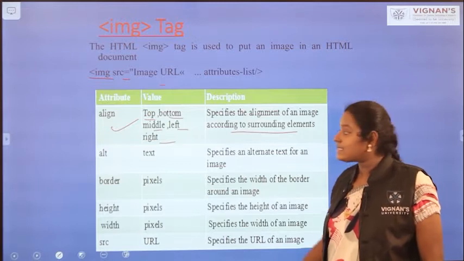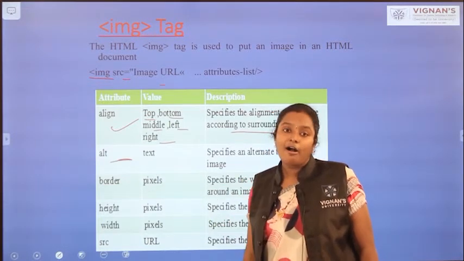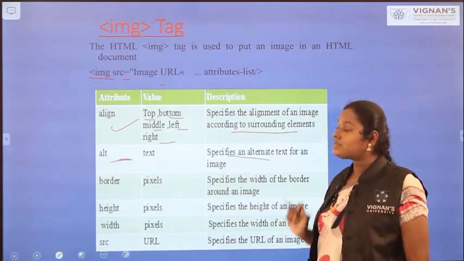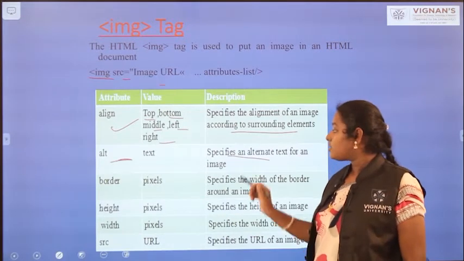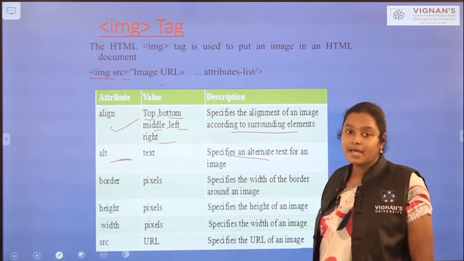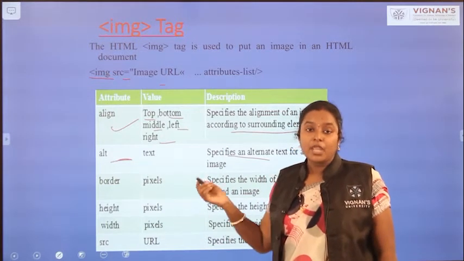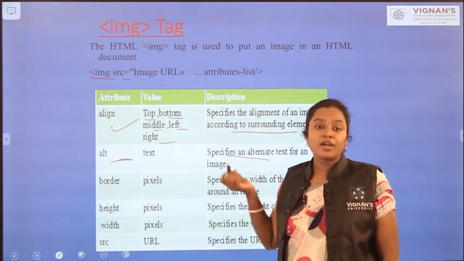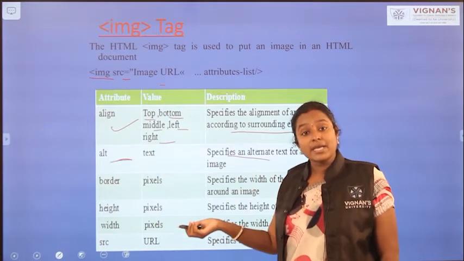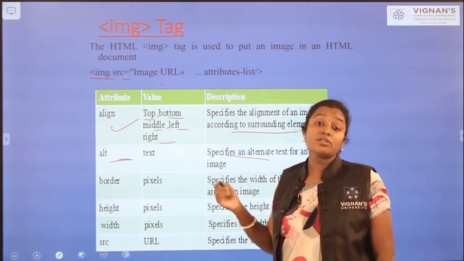Next attribute is ALT, nothing but alternate. When you use this ALT attribute, it specifies an alternative text for the image. If I give an image I want to display on the web page, and that image is not found, then instead of that image I have to display some content on the web page.